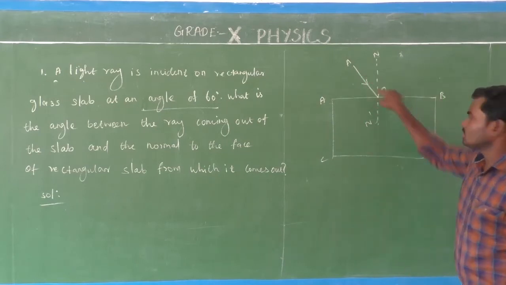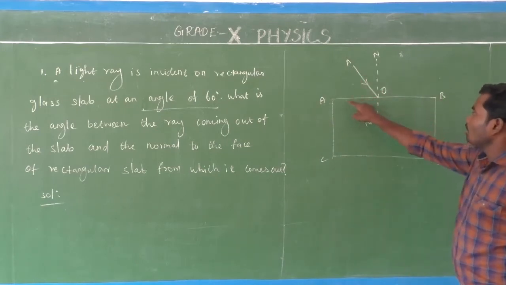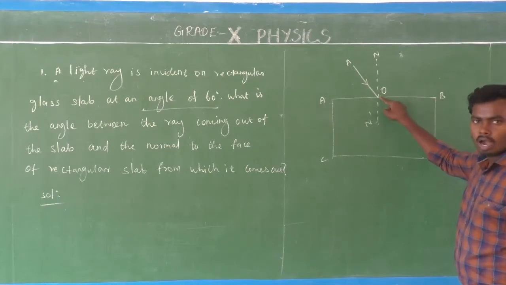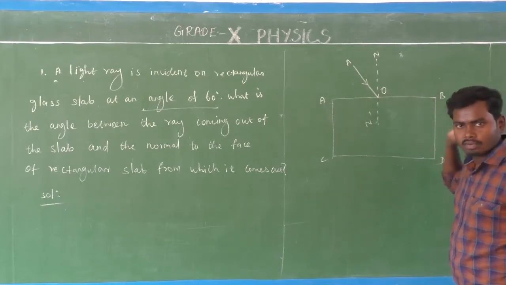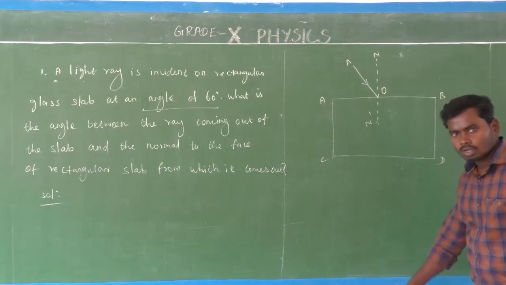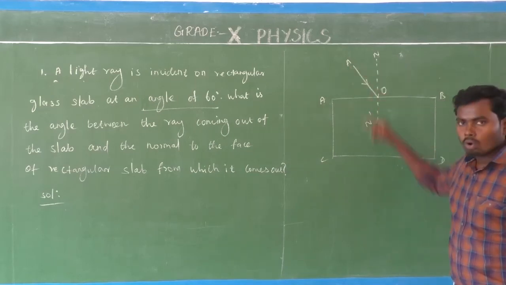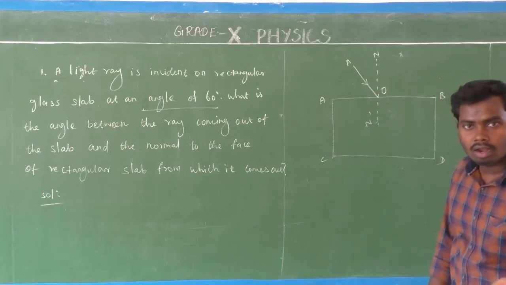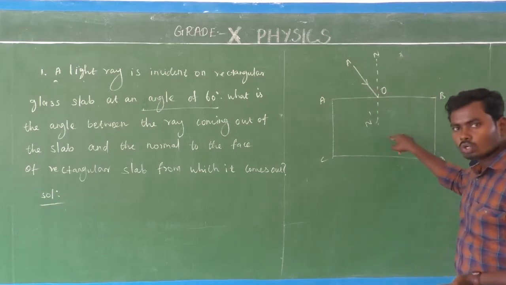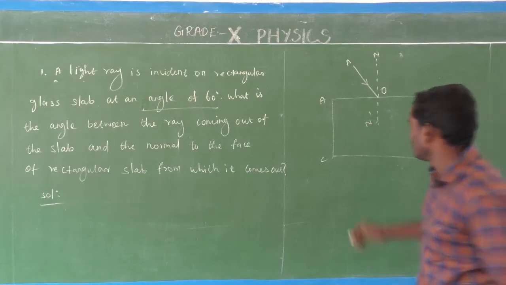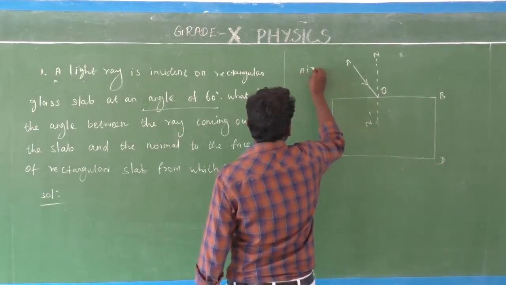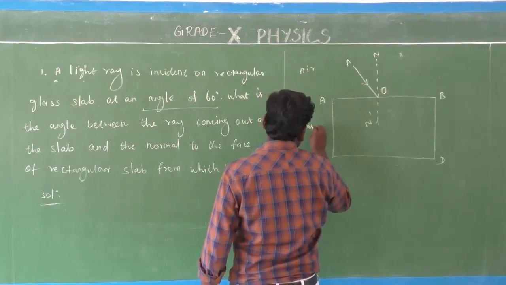A light ray that falls obliquely on the surface of the glass slab at this point of incidence. So what is the next move? The incident ray AO has to travel into the glass slab. This is air medium and this is glass medium.